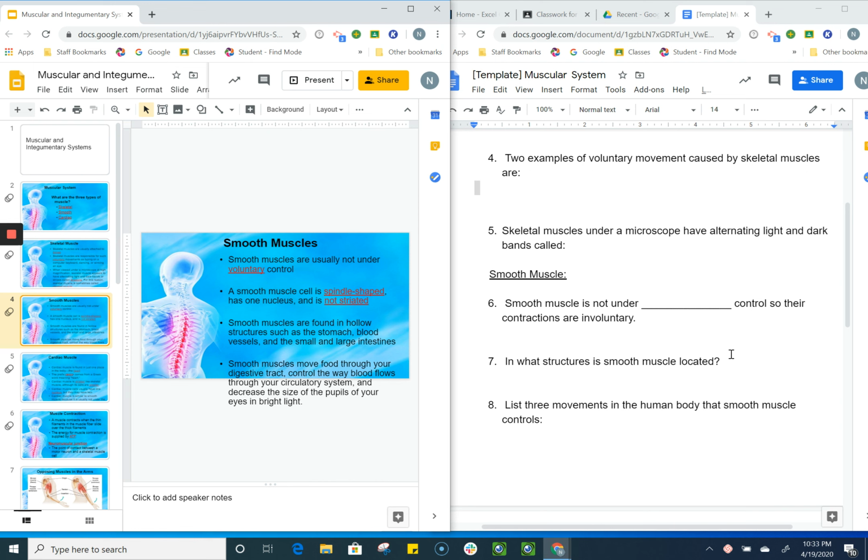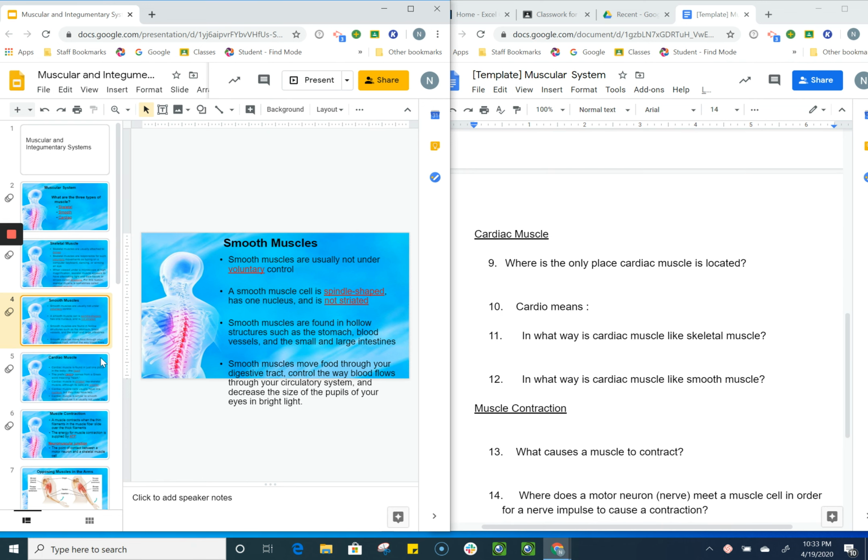Three movements of the human body that smooth muscle controls: we've already mentioned helping to move your food through your digestive tract and helping to push your blood through the circulatory system. Even the muscles in your eyes will decrease the size of your pupils when in bright light, and it will cause your pupils to open up when you're in darker environments.